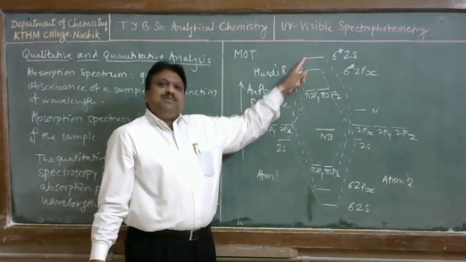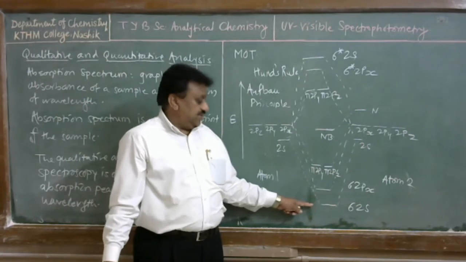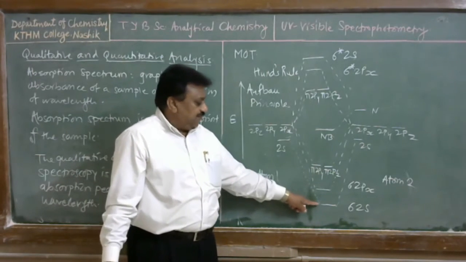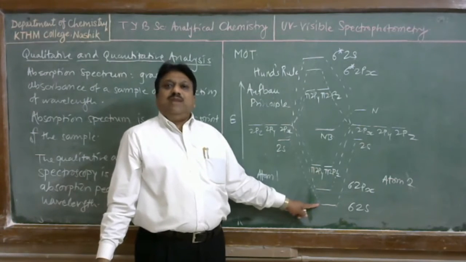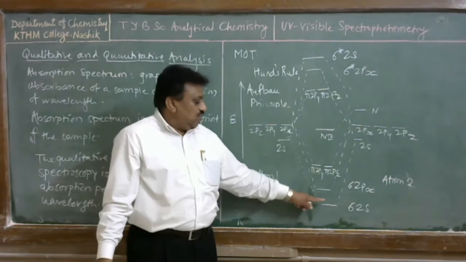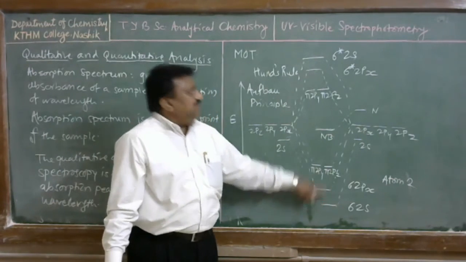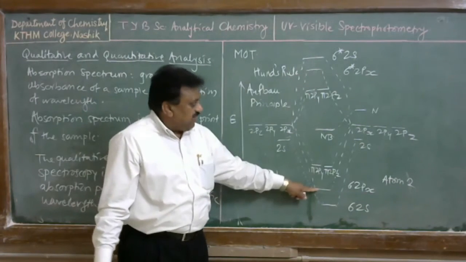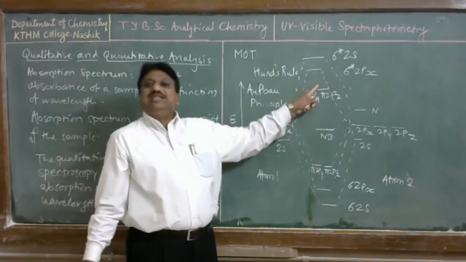For this purpose, energy is required, which is absorbed from the electromagnetic radiation. When a particular molecule is irradiated with electromagnetic radiation, it will absorb only that energy which is required for electronic excitation from this level to this level, or from this level to this level.